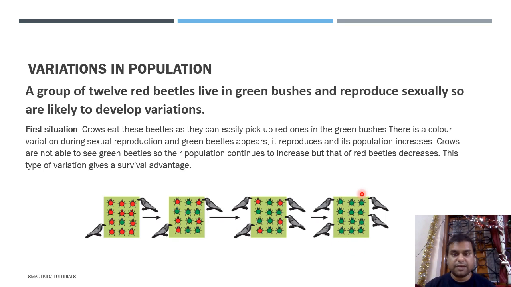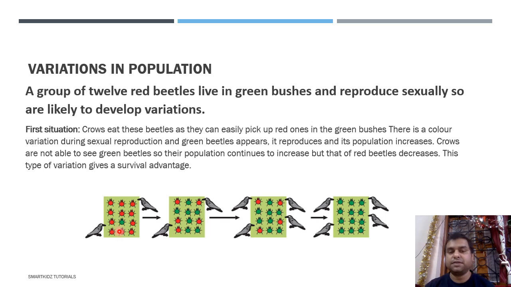So the red beetles basically got eliminated because of the crows, of course, and the green beetles increased in number, though they were a result of sexual reproduction over here, which was like an anomaly, or you can say, a recessive characteristic.